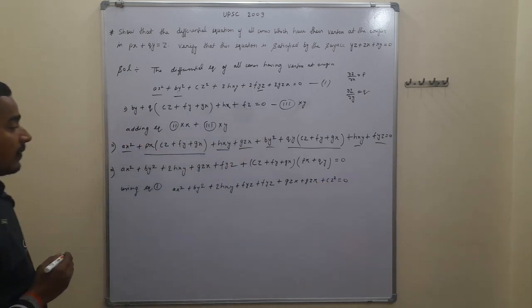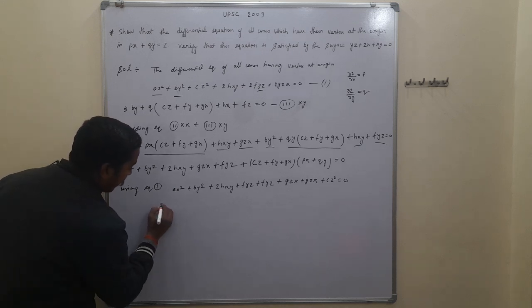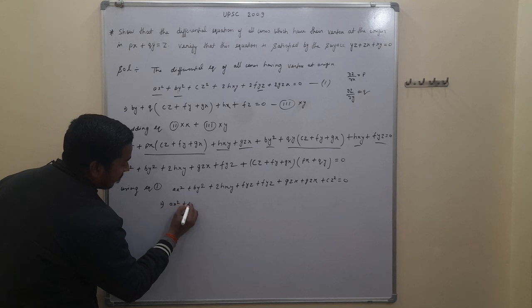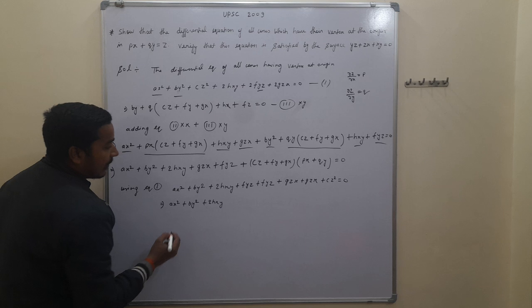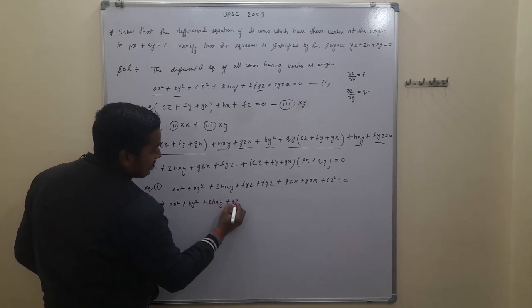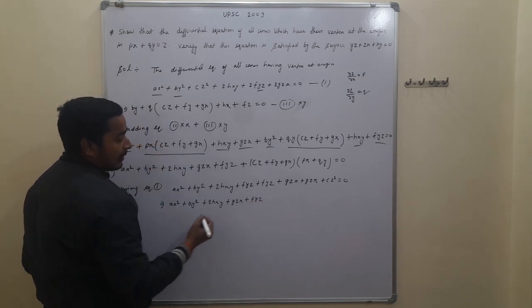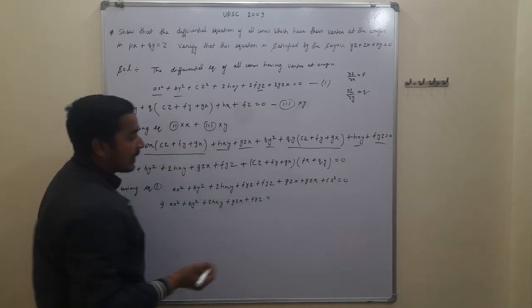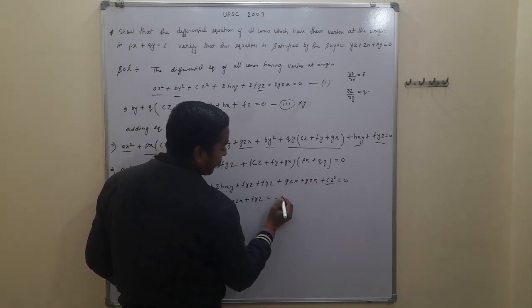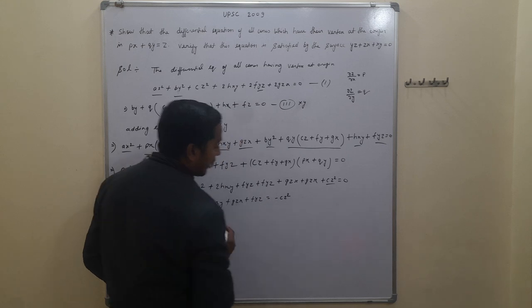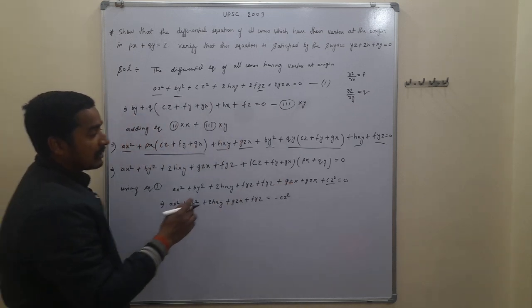We can also write equation 1 in this form, and from here we take once again ax² plus by² plus 2hxy plus gzx plus fyz, and the remaining is taken to the right hand side. On the right hand side we have cz² minus cz², and one gzx is taken to the left hand side and one is taken to the right hand side.